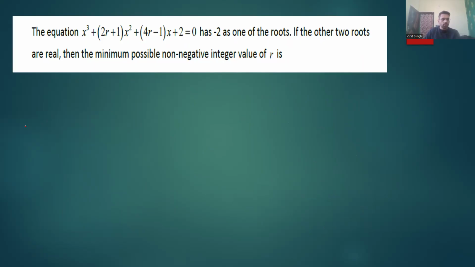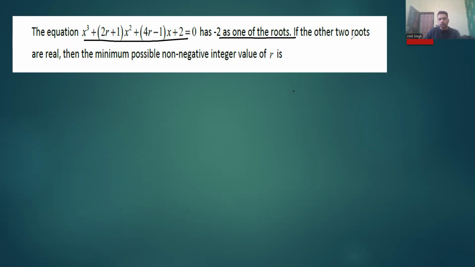Now this question is also a lengthy question. We can say this is tough because it is lengthy. The equation x cube plus (2r plus 1)x square plus (4r minus 1)x plus 2 is equal to 0 is given and has minus 2 as one of the roots.